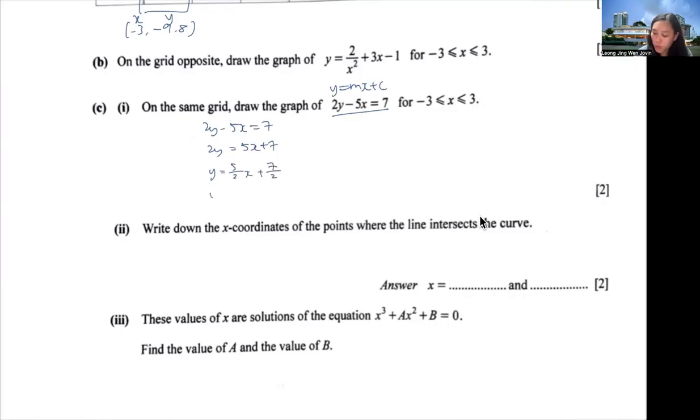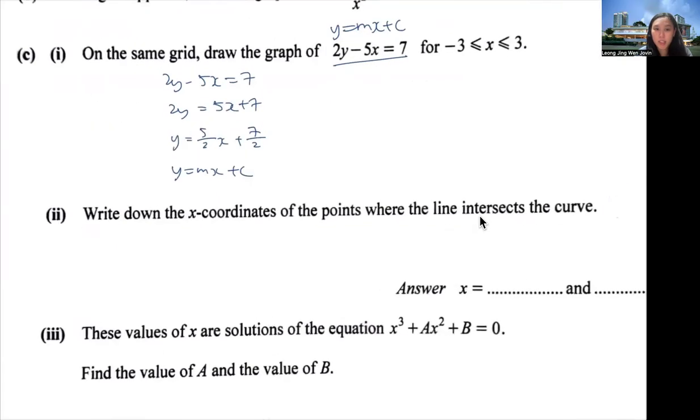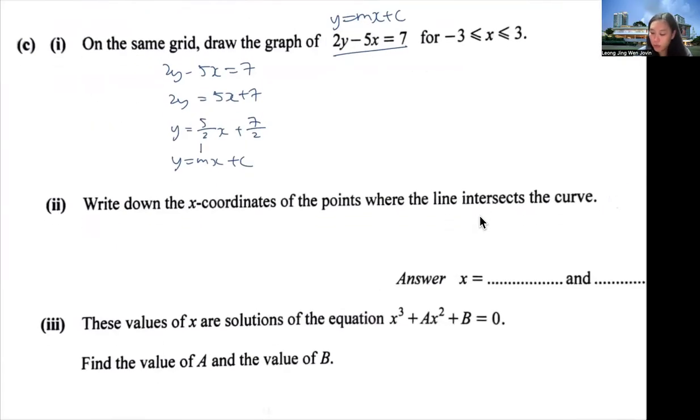Now, compare this equation with y equals mx plus c. Do you see the resemblance? Yes, so 5 over 2 is my gradient. This 7 over 2 is my y-intercept, also known as c. So how do I approach this question? I need a graph from minus 3 to 3.